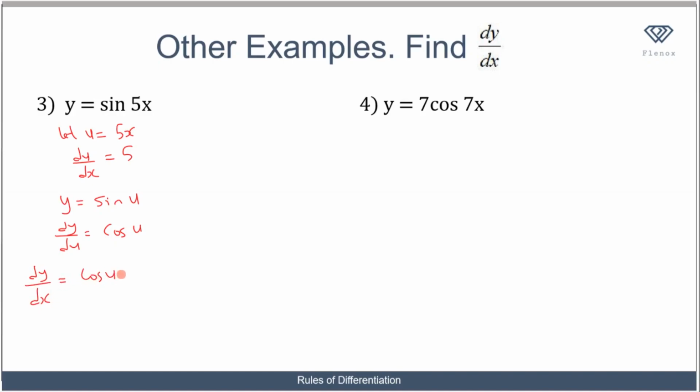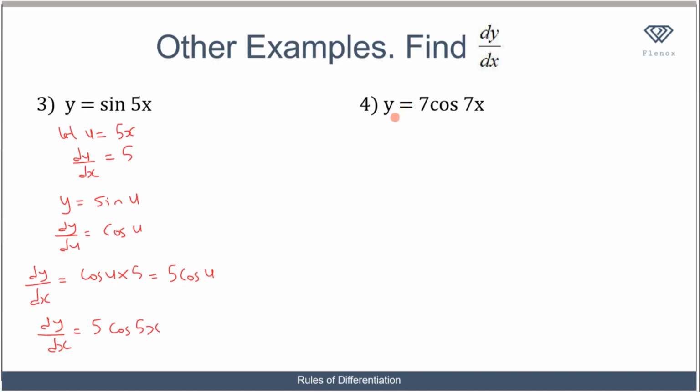Cos u times 5, or 5 cos u. So my dy over dx will be equal to 5 times cos, and my u value is what? 5x. So I have 5 cos 5x.